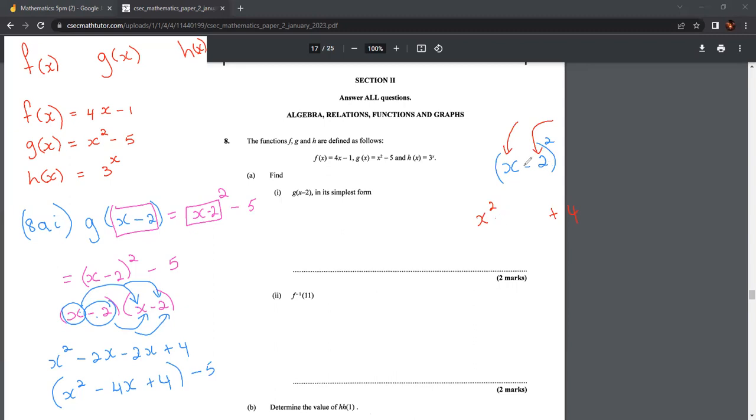Right, so 2 times 2 is 4. Negative 4 times x will be negative 4x. Right, so that's just a shortcut. So either you expand it a long way, or you do the rule. Square the first term, square the last term, and then 2 times the first times the second in order to give us the middle term.